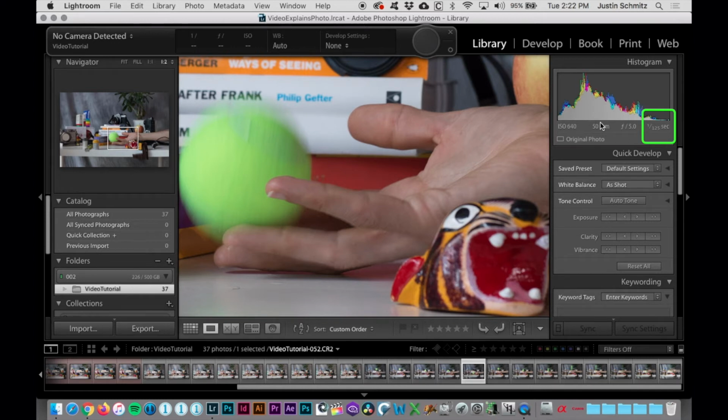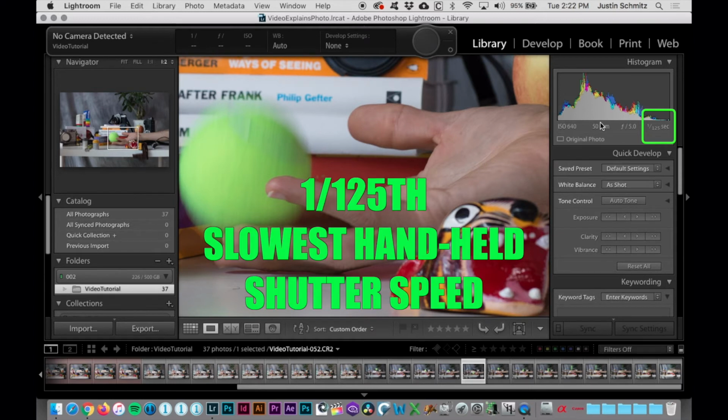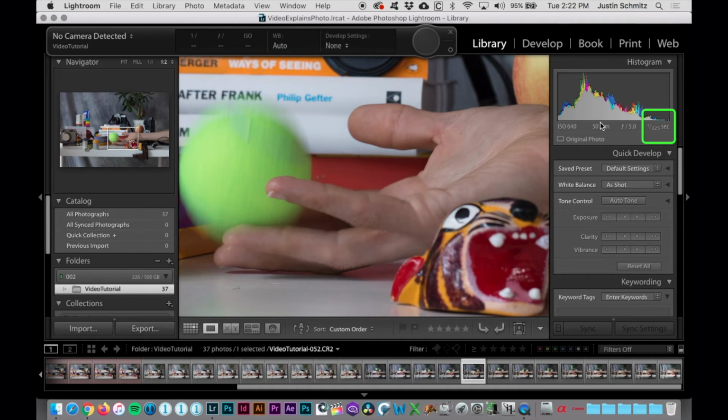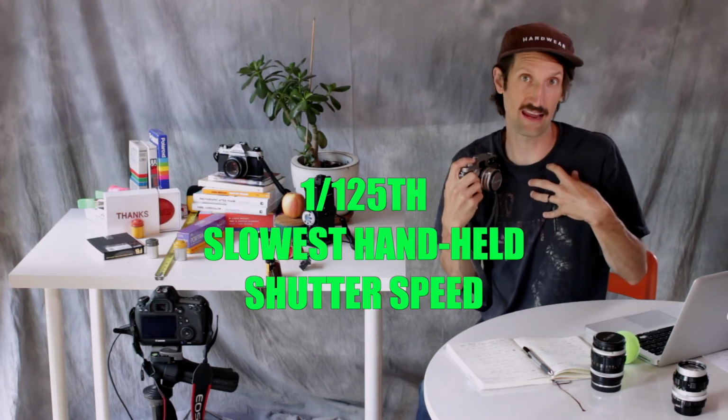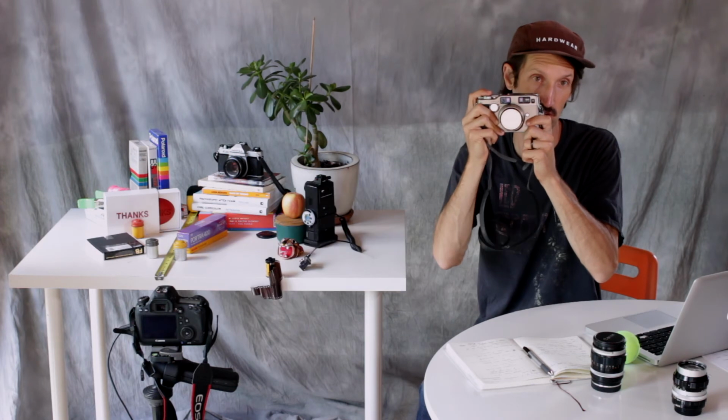And then at 125th of a second, that's kind of the edge. And 125th of a second is a really, really important number. You always want to be thinking to yourself, am I at 125th of a second or faster? Because if you're at 125th of a second or faster, you're not going to get any shake from when you pick up your camera, right? If I pick up my camera and make pictures at 125th of a second or faster, I'm going to get no motion blur that I have personally caused by, like, drinking too much coffee.